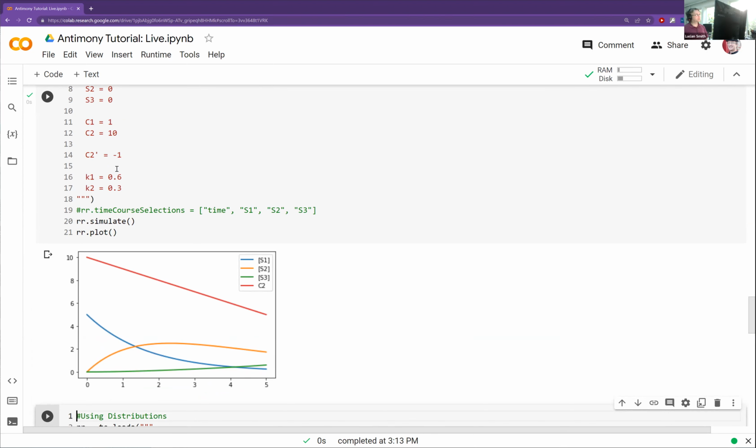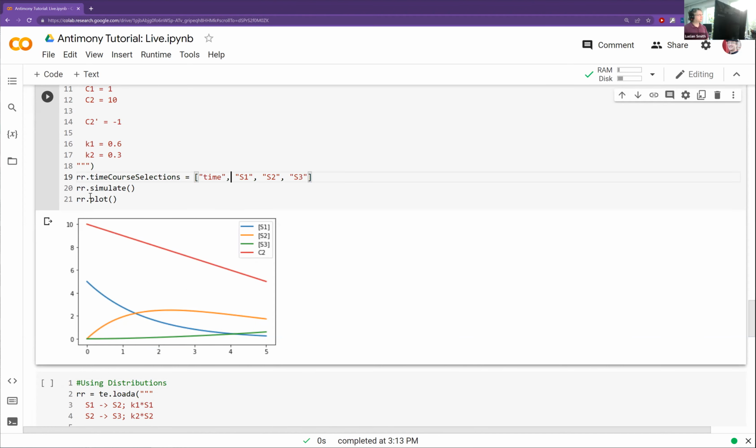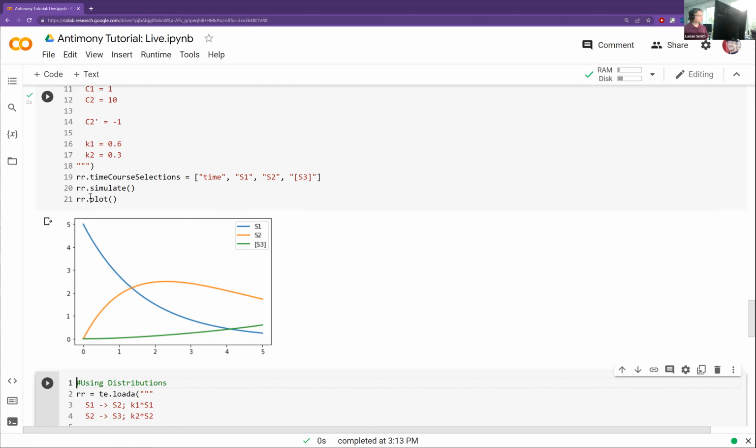So now since C2 is changing in time, by default, it's showing you what it is over here. However, let's take it back off so we can see it more easily.